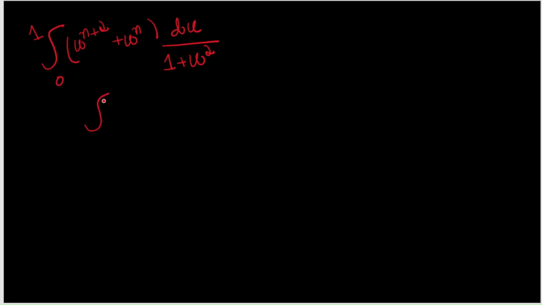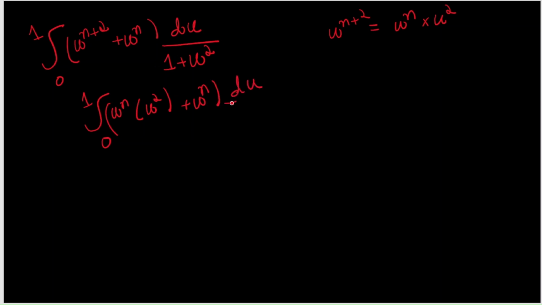We know that u^(n+2) can be written as u^n into u^2. So I can write this as u^n u^2 plus u^n, du over 1 plus u square.